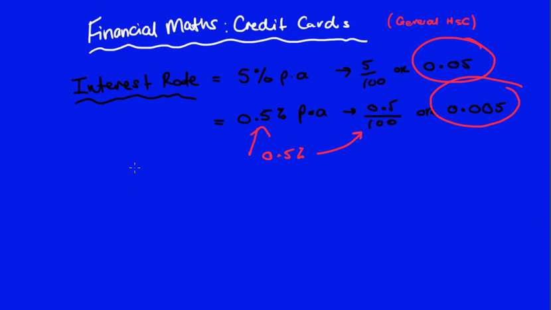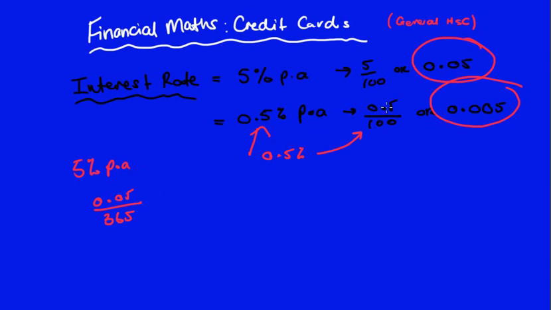Also remembering that with interest rates in your credit cards, it is more common for your credit cards to be charged interest per day. So occasionally, if they gave us an interest rate of 5% per annum, and we're asked to put that as a daily rate, okay, we'd be doing our 0.05 over 365 days.